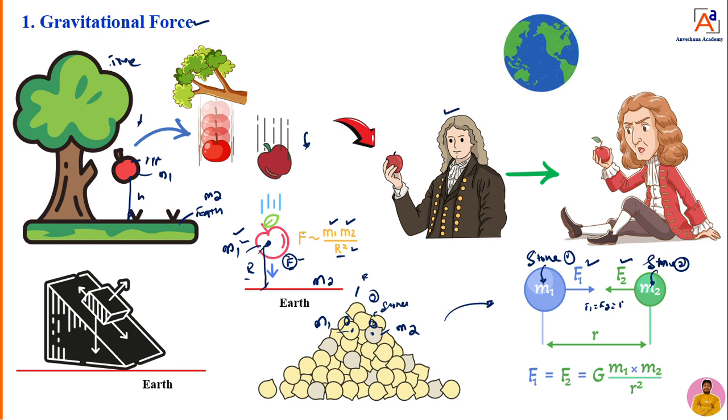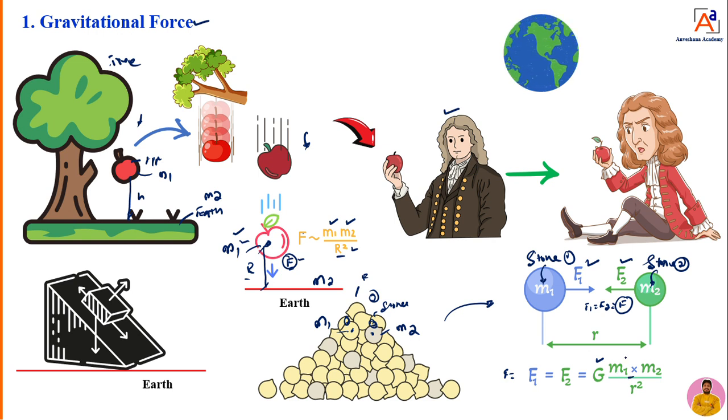F1 is equal to F2, that is nothing but F. That means the force exerted between the two objects having masses m1 and m2 is F. Then F is equal to F1 is equal to F2 is equal to G into m1 into m2 divided by r square.